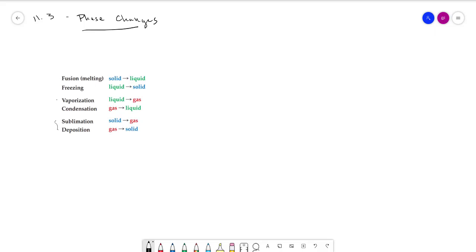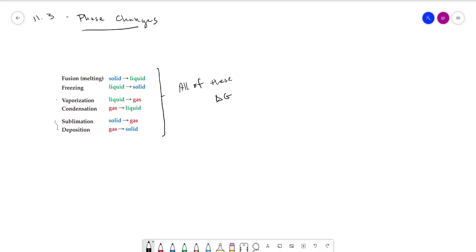But it also should be noted, after we've talked about thermochemistry, that all of these have a delta G associated with it, meaning the transition from one physical state to the next also has a change in free energy of those physical states.